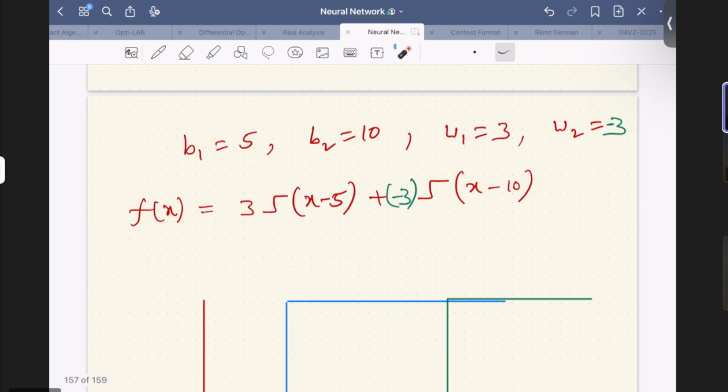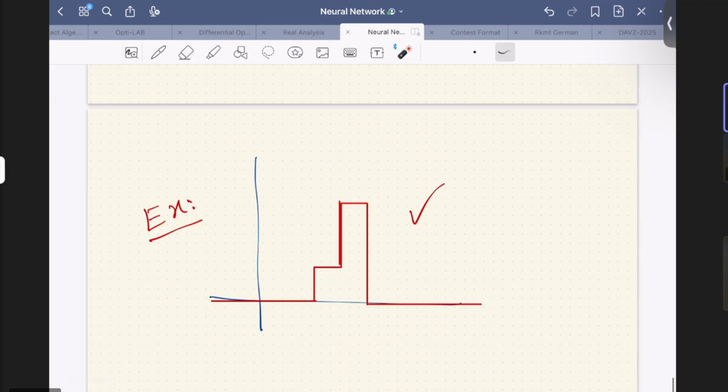Then later convert that into a Python program to approximate a function. That's the best. You work all this out, and in the next class we will discuss maybe extensions of this one.